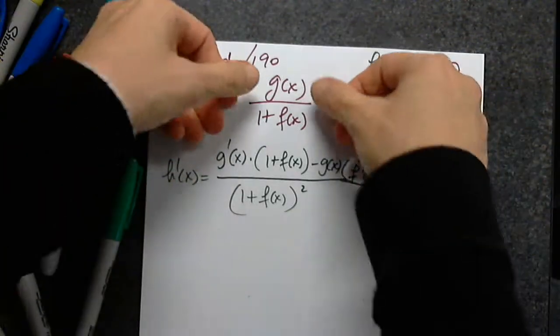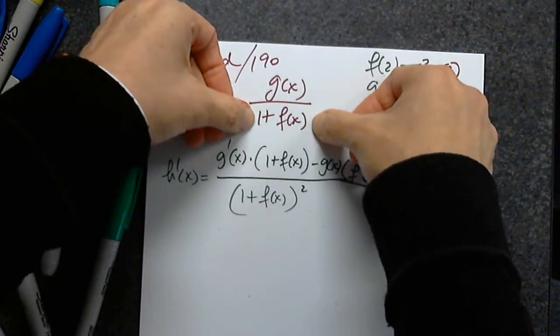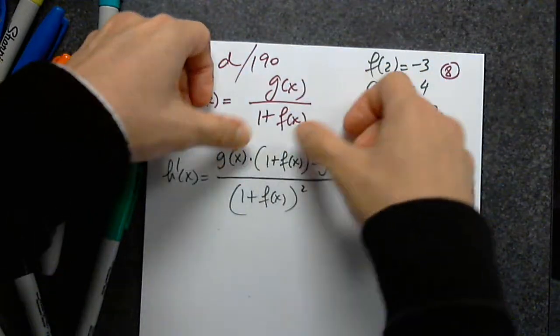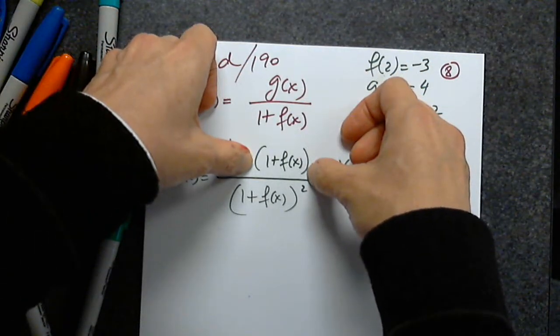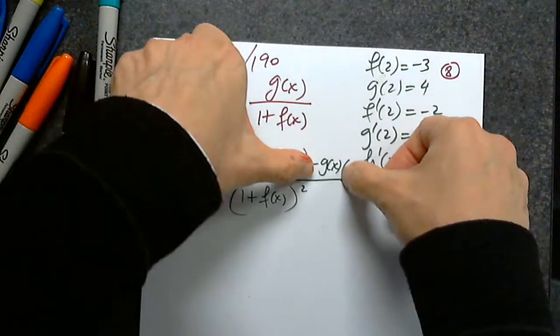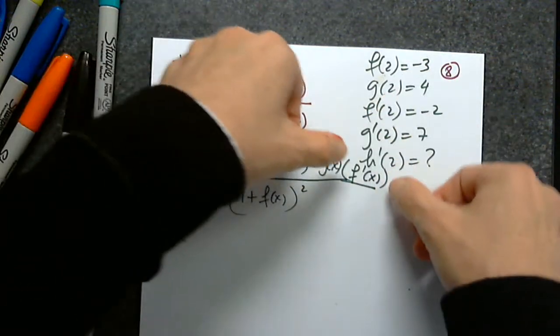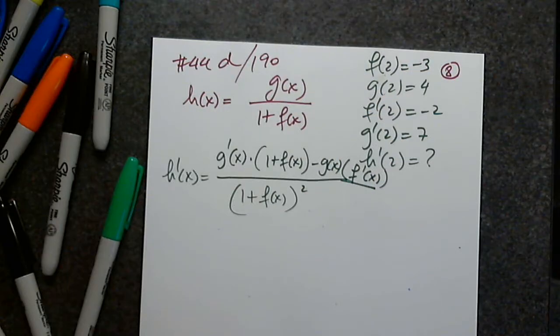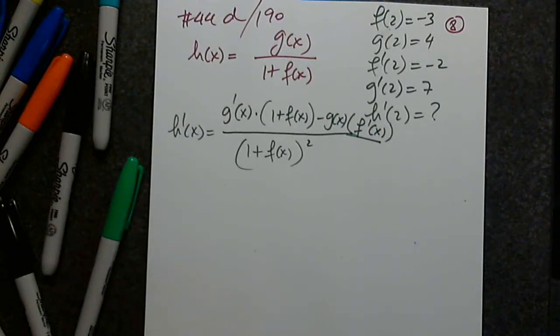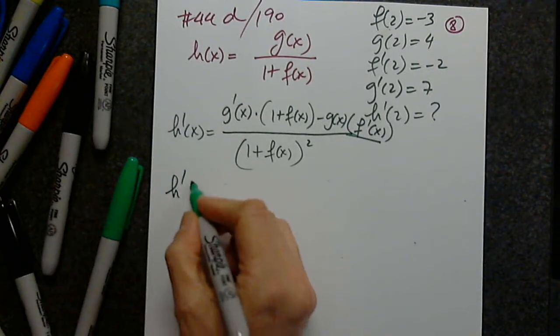So one more time, this was function 1, and this is function 2: g prime times function 2, minus g times function 2 prime, which is only f prime of x. I have the function that represents h prime of x.